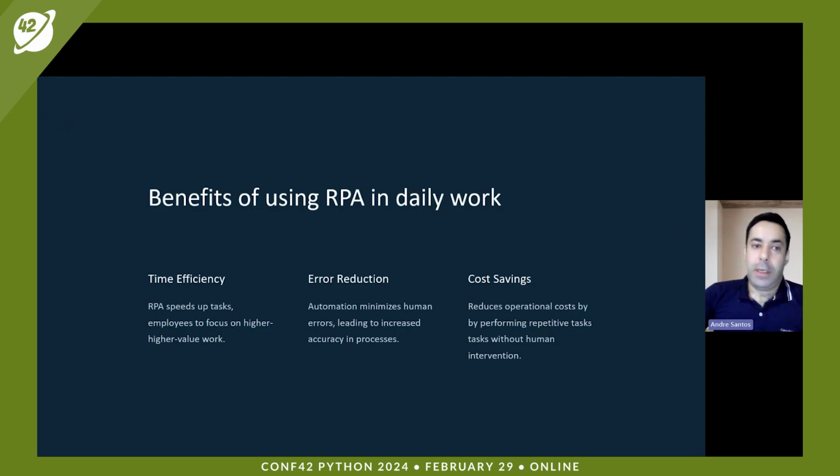By automating repetitive tasks, employees can channel their energy towards more meaningful work. There is error reduction too, and cost savings. Implementing RPA can result in substantial cost savings for any organization.